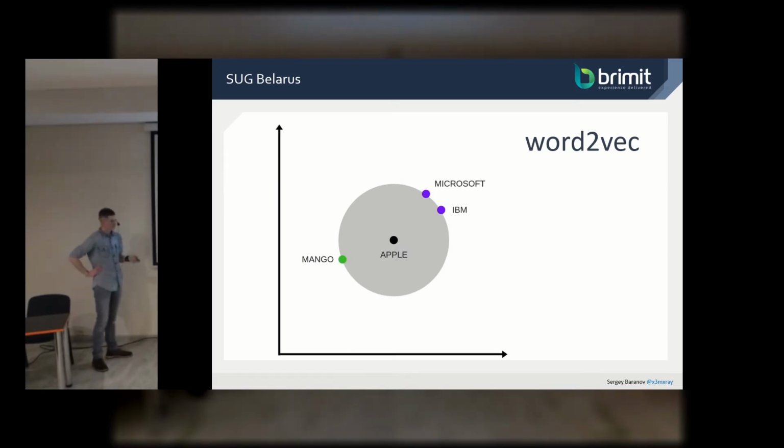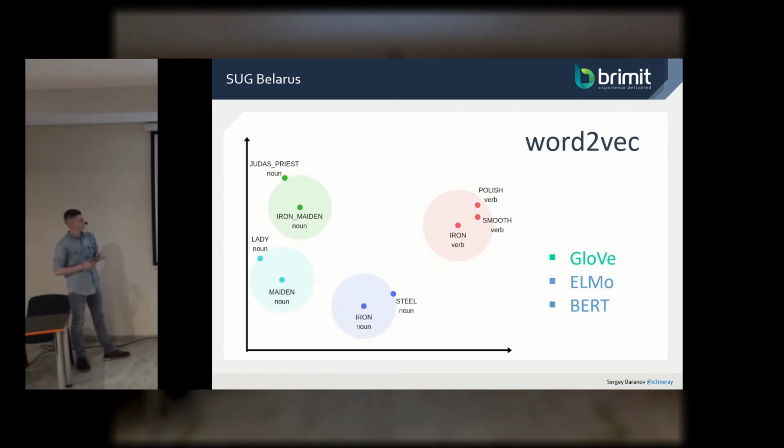For example, if you look in this 300-dimensional space for the word apple, it will be very close to the word mango and to the word Microsoft, but the words mango and Microsoft will be far away from each other. Another great feature is that Word2Vec can recognize what part of speech a word is.